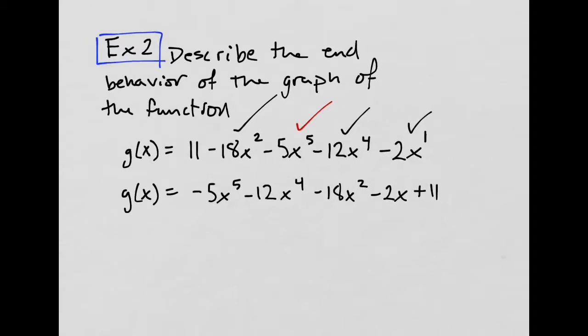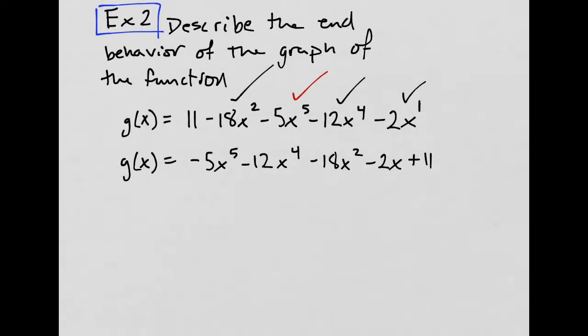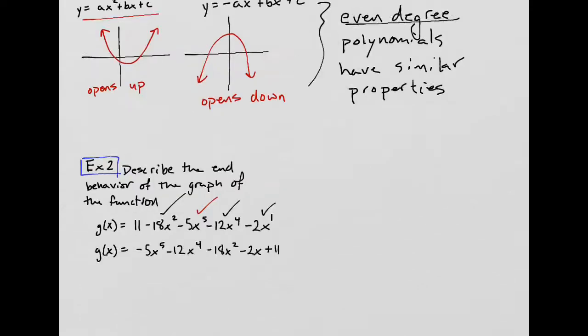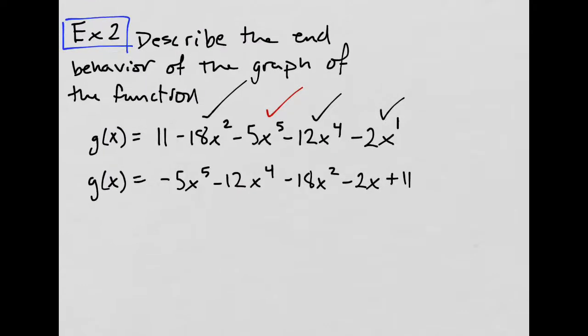Okay, so describe the end behavior. This is actually important, and it might be a little bit confusing. First, what do we have, an odd degree or an even degree? The degree of the polynomial is just the highest exponent.